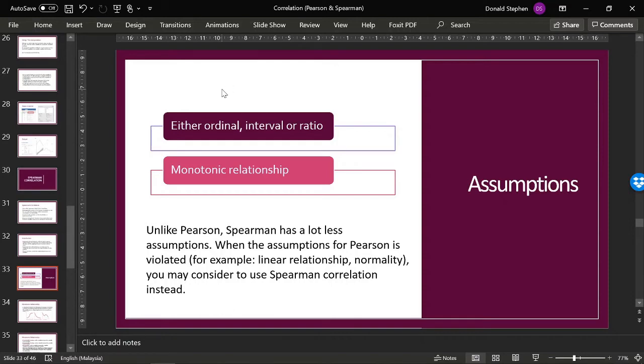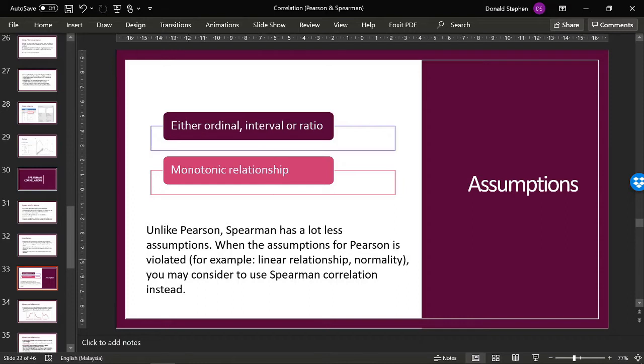For Pearson, you have a linear relationship; here you have a monotonic relationship. So unlike Pearson, Spearman has far fewer assumptions. When the Pearson assumption is violated, you may consider Spearman.